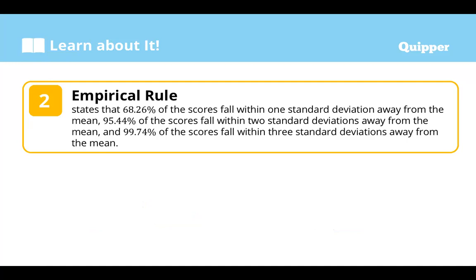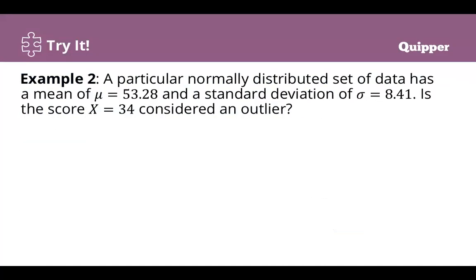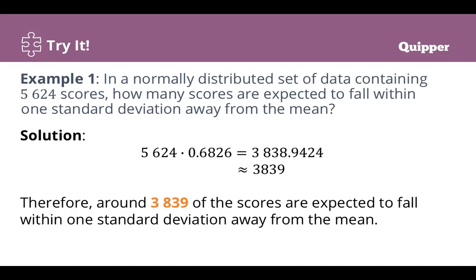So you must know those 3 percentages for you to find the total scores that can fall within those ranges. Ayan. So there's only one example for that one because that is already easy, kasi mag-multiply lang tayo nung empirical rule doon sa given na data or scores.